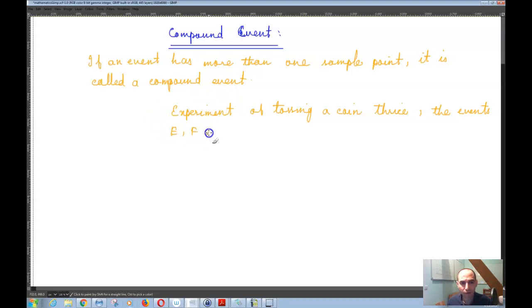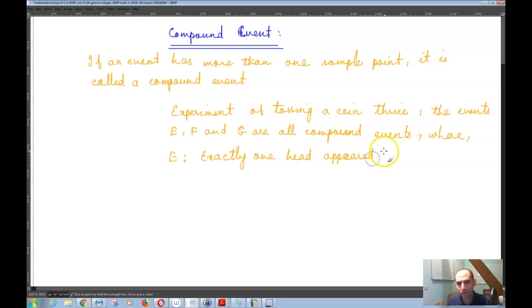E is the event that exactly one head appeared, F would be at least one head appeared, and G would be at most one head appeared.